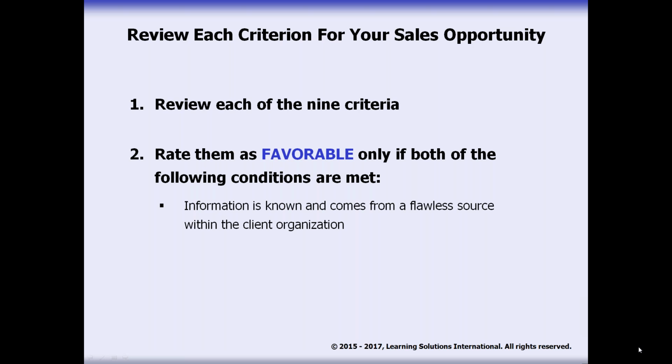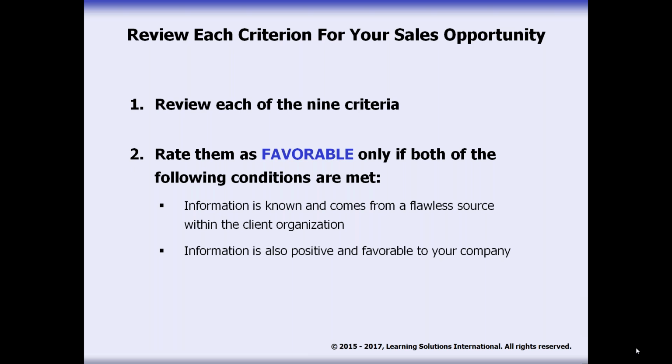This is information that's known and comes from a flawless source within the client organization. They can point to where they obtained this information. And secondly, the information is positive and favorable to your company. So if both of those criteria are met, you can consider that criteria as favorable for this sales opportunity.